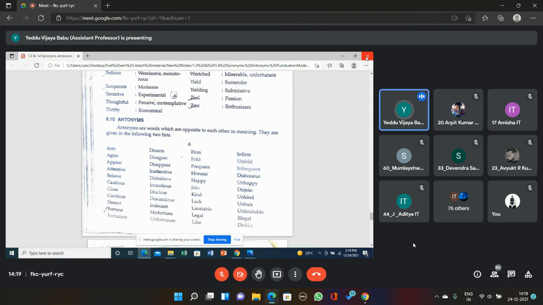You yourself must take initiative to learn and practice. You can develop your communicative abilities when you are equipped with good vocabulary and good command over the use of language in the correct form.